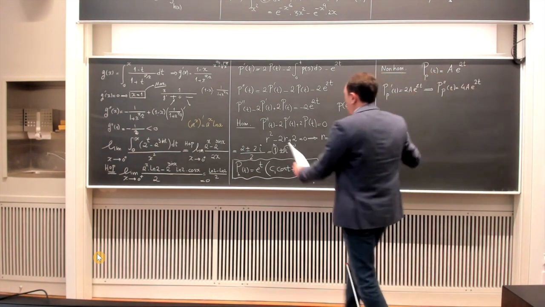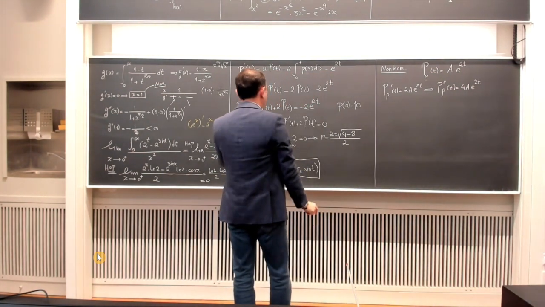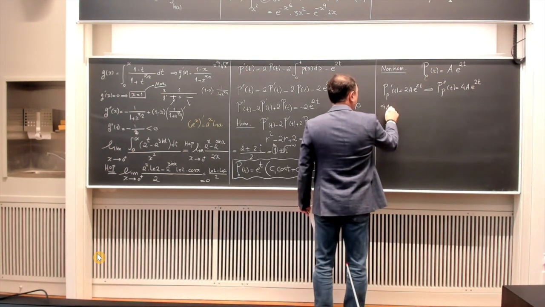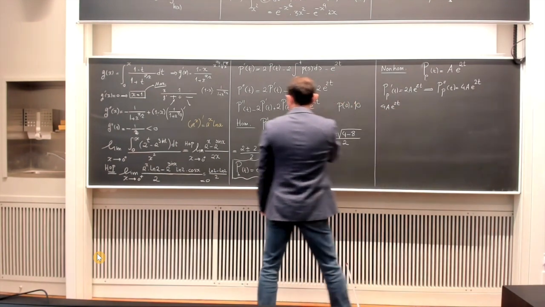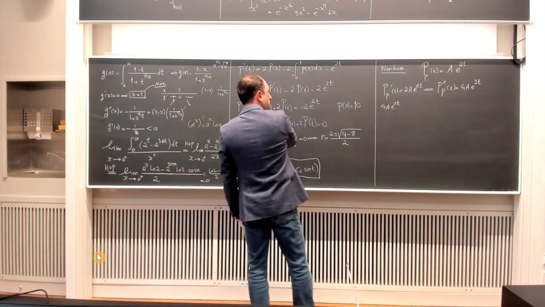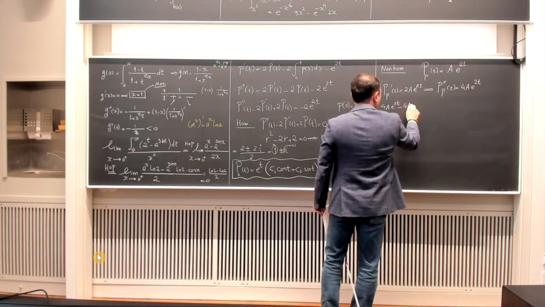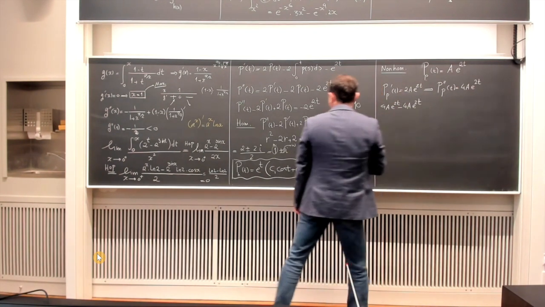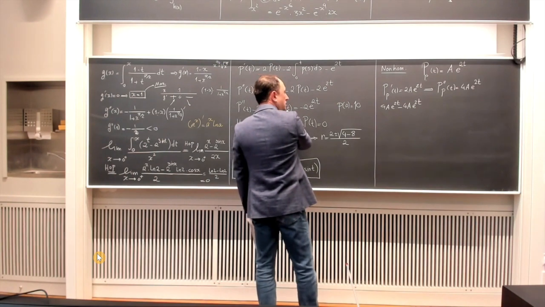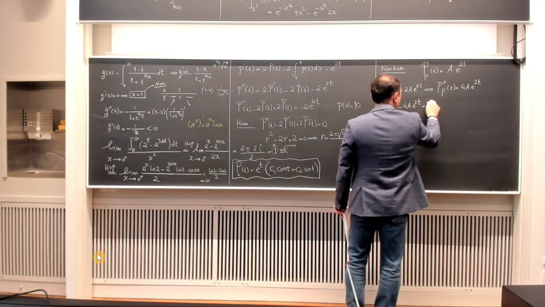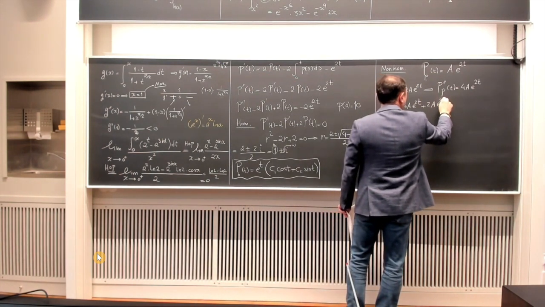And I plug them back into my equation, so it becomes 4a e to power 2t, and then minus 2 times p prime, which becomes minus 4a e to power 2t, and then plus 2 times p of t, which becomes plus 2a e to power 2t.